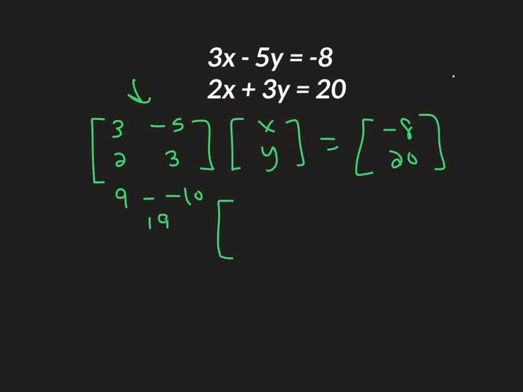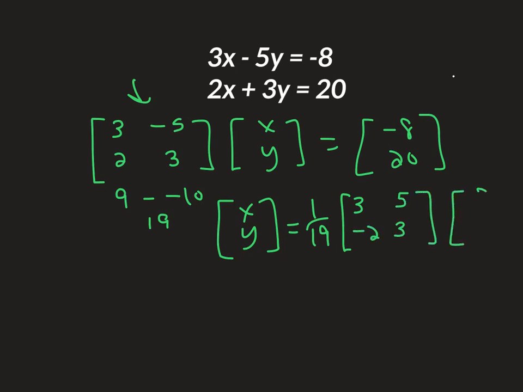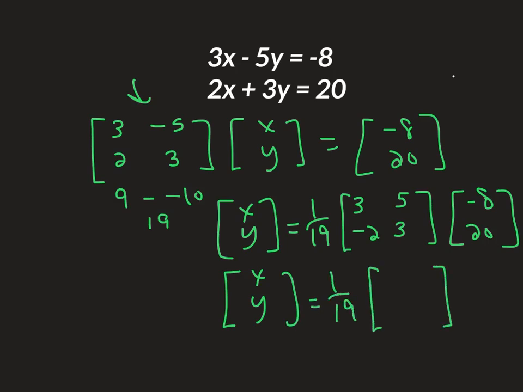Okay, so when I move that over, I'm going to flip the 19 like we did last week. Switch places with the 3s, which does nothing. Change the signs on the other 2. I'm going to multiply that by the negative 8, 20. And remember, I'm going to leave that 1/19 to the very end. I'm going to do my multiplication here. So I'm going to go across down just like we did last week. 3 times negative 8 is negative 24. 5 times 20 is 100.